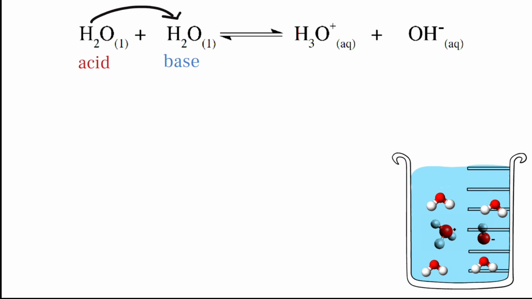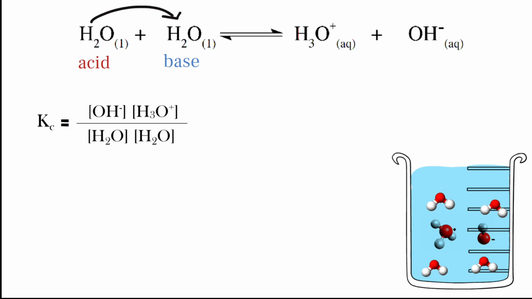To calculate the equilibrium constant Kc of this reaction, as we know, it equals the concentration of the resulting materials divided by the concentration of the reactants. But according to the weak degree of water ionization, the water concentration is considered constant. Thus, water concentration can be included into the equilibrium constant Kc.